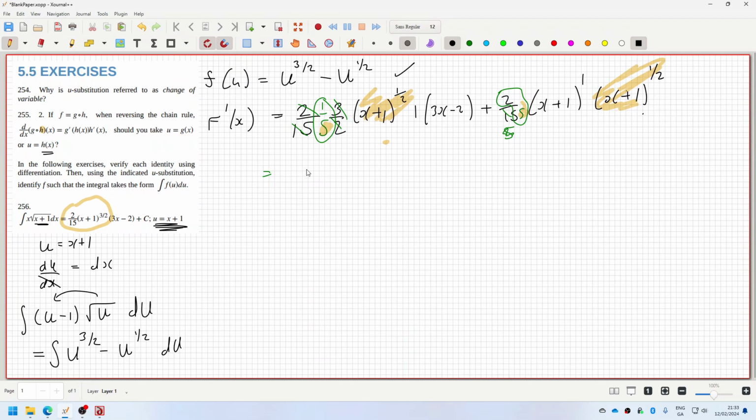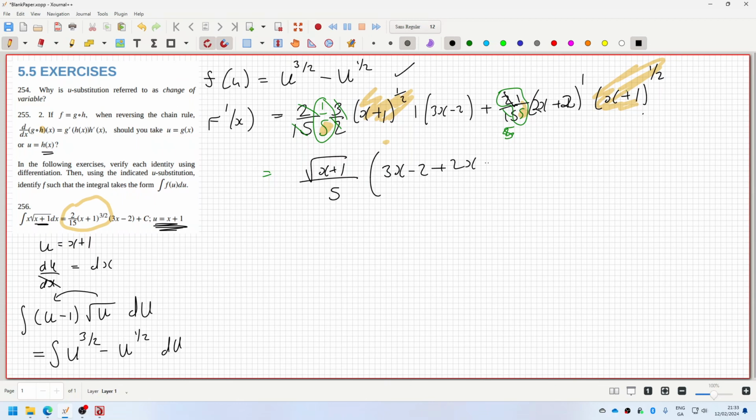So let's take that one out. Root x plus 1 over 5 times 3x minus 2. And then here, there's a 2 here, so I should multiply in the 2. So that's 2x plus 2. So that's a 1 over 5, so that can come out with the root.